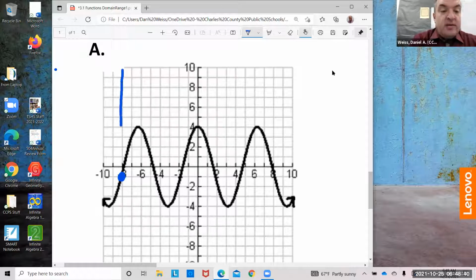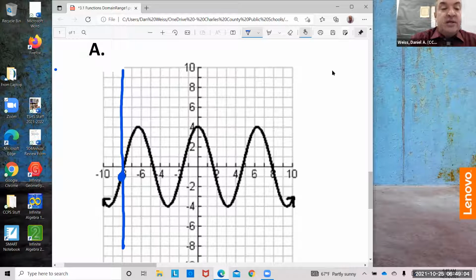We're going to talk about this in the next video, but if I use what's called the vertical line test, anywhere along the graph, if the vertical line passes through more than one point, then it's not a function.